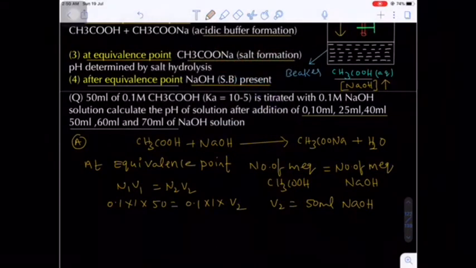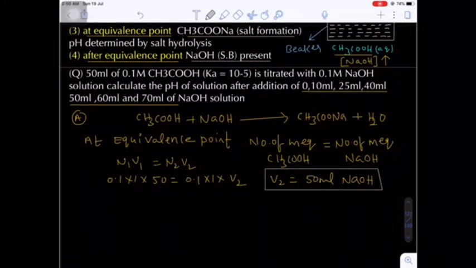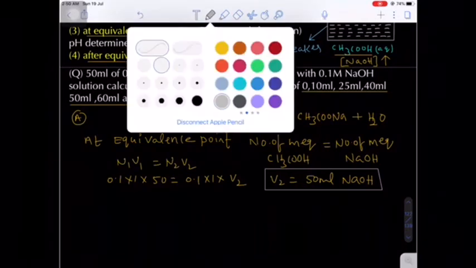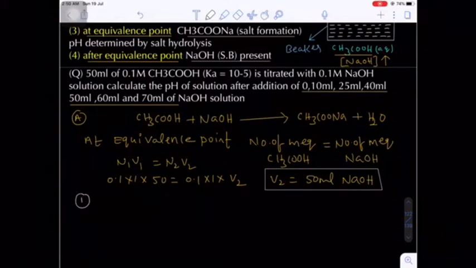So V2 is equal to 50 ml NaOH. This is very important. That means 50 ml of NaOH corresponds to the equivalent point. Less than 50 ml is before the equivalent point, more than 50 ml is after the equivalent point.